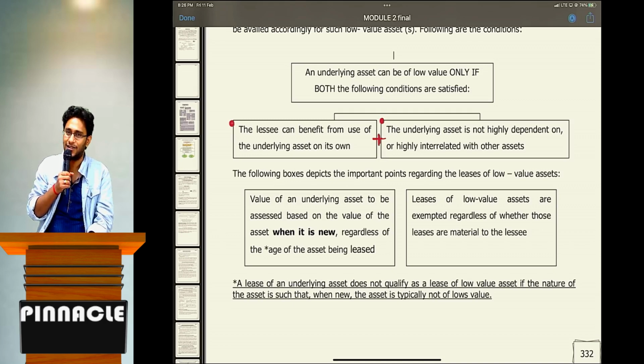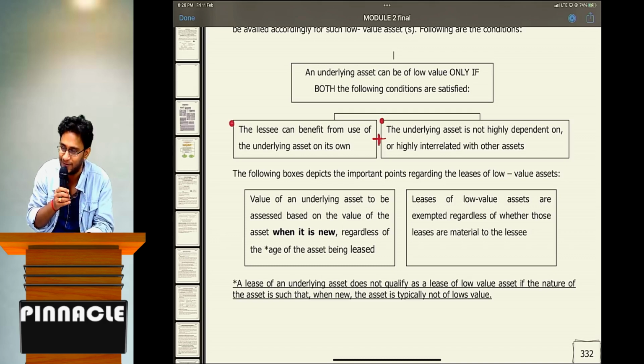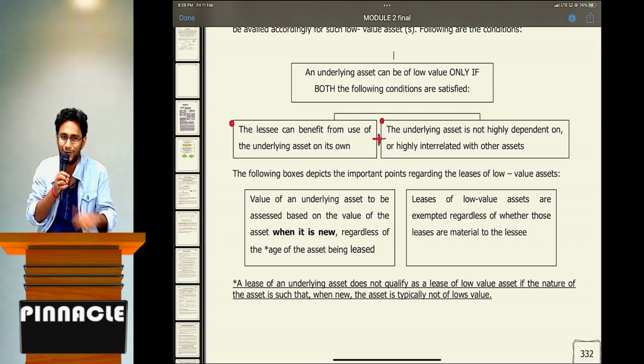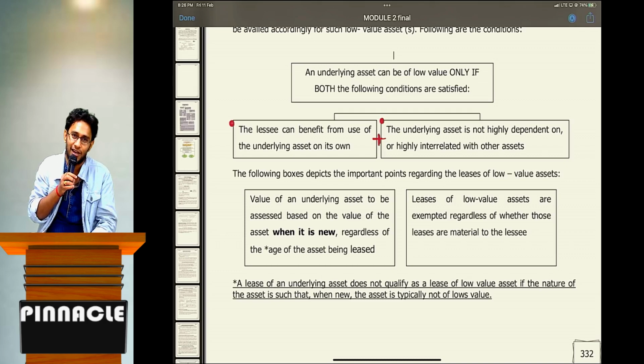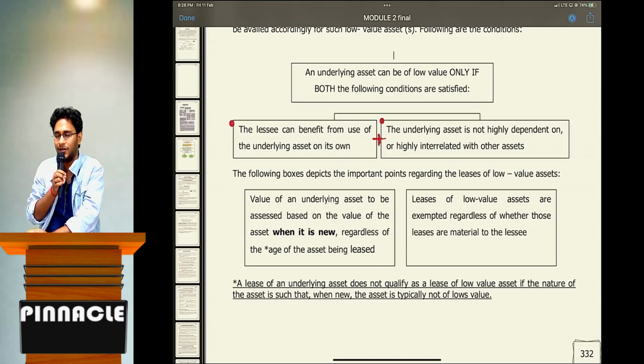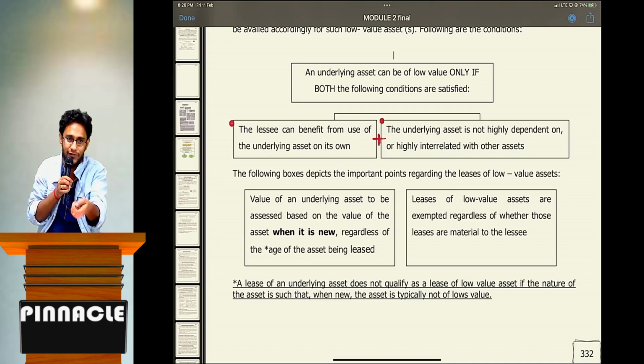So, sir, normally in a lease, do you think you will get a new asset? Sir, take any car. For example, you start a travel business, suppose you become a driver suddenly. You want a car to roam around at night. You want a Tata Indica car, sir. If you go to any shop or vendor, do you think he'll buy a new Tata Indica for you and give it to you?